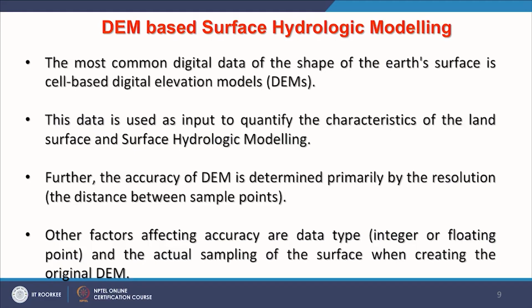But if the cell values are integer, generally in meters, the least count is 1 meter, and therefore the accuracy will be affected. So, if I am creating my own digital elevation model, then I should keep the cell value as floating point or real numbers.